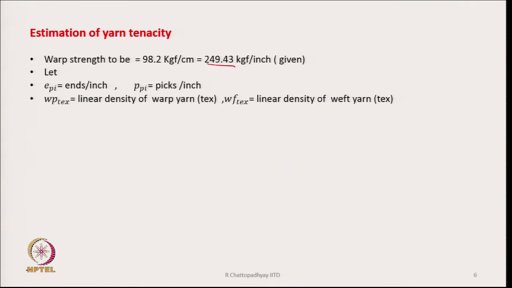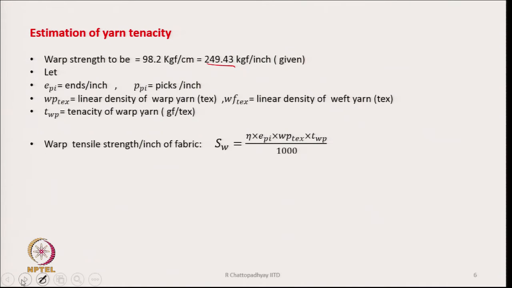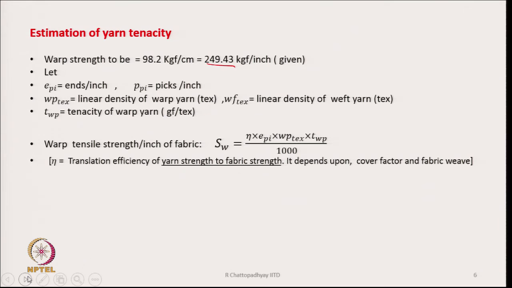Similarly, WFTX is the linear density of the weft yarn, TWP is the tenacity of warp yarn, and then we are writing what should be the tensile strength of the fabric, and we can write that the tensile strength per inch of the fabric is going to be EPI, that is ends per inch, into WPTX, whatever is the warp count, into tenacity of the warp divided by 1000, because we have to convert it into kg.